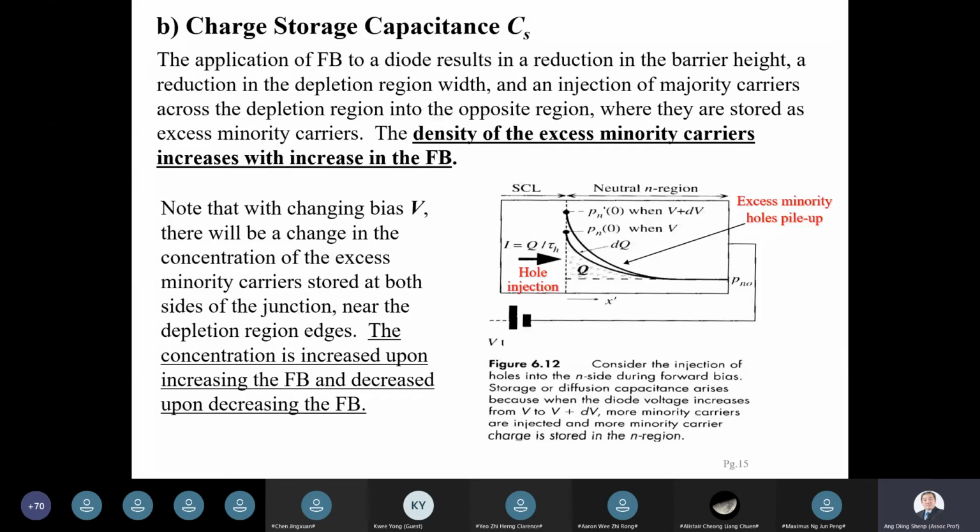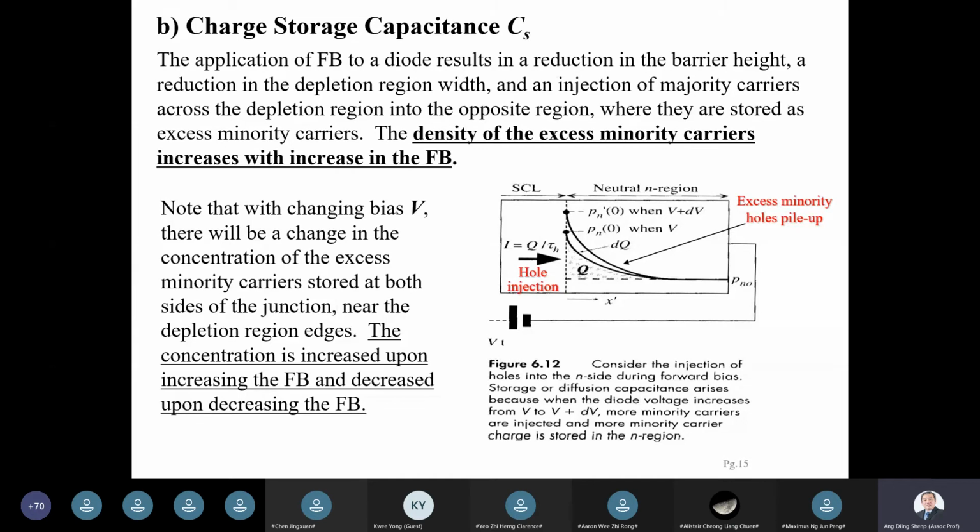They will start diffusing along the quasi-neutral N region, and as they diffuse, they will recombine. So in other words, under a given forward bias, the PN junction stores excess minority carriers in the quasi-neutral region.